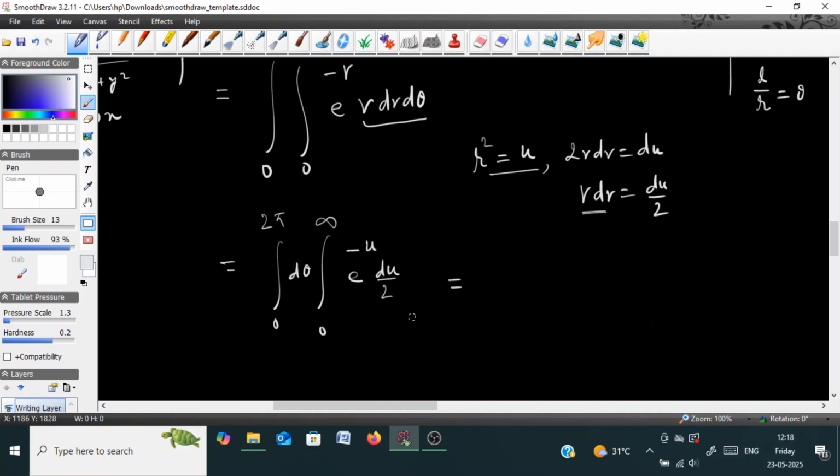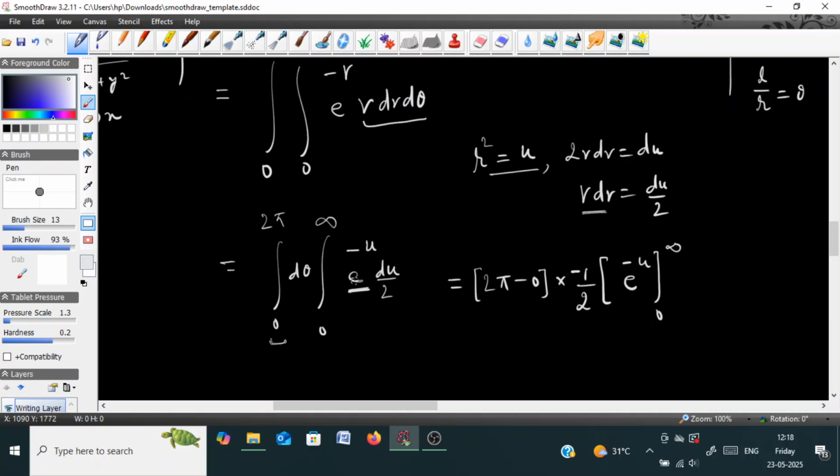Okay, so if you evaluate the outer integral, the integration of d theta is theta, limits from 0 to 2 pi, you will get 2 pi minus 0 multiplied with 1 by 2 into the integration of e to the power minus u with limits from 0 to infinity, of course with a minus 1.